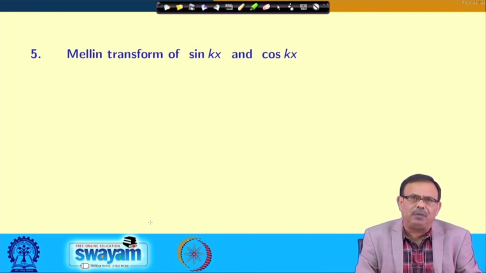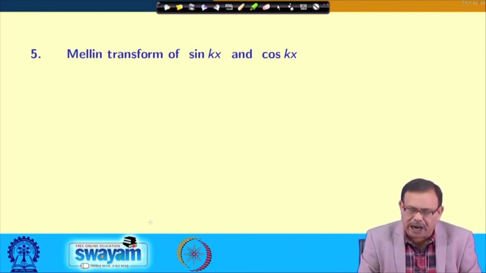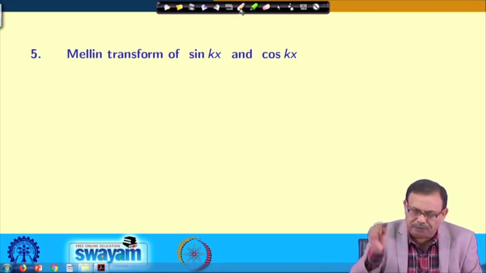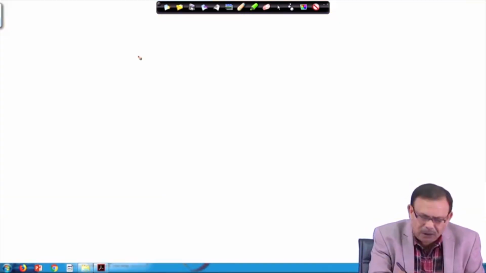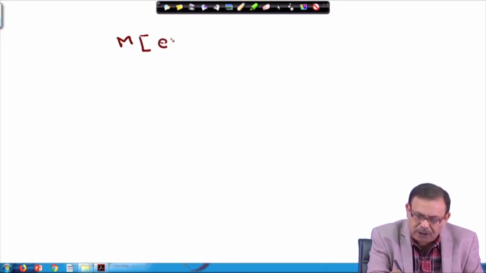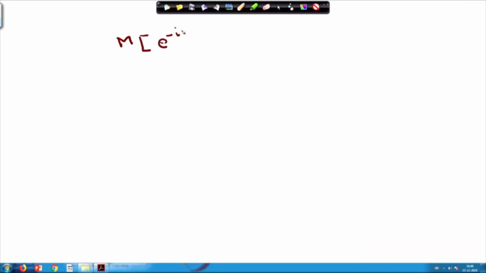Now, we want to find out the Mellin transform of sin k x and cos k x, say. From the first problem, if you remember, we have done this thing, Mellin transform of e power minus i k x. Mellin transform of e power minus i k x is equal, from problem 1 already we have done, to gamma s by i k whole to the power s.